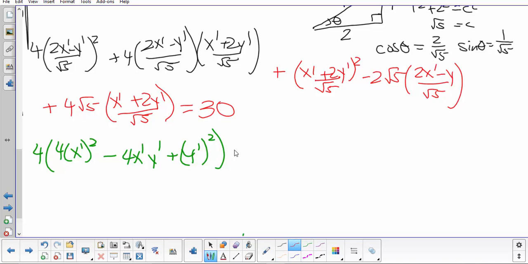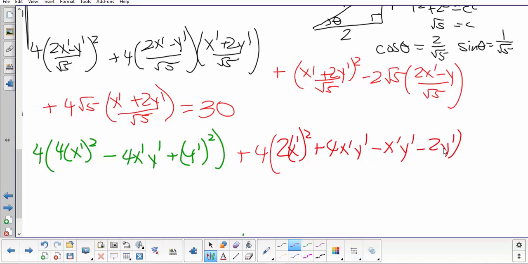Our next term will be plus 4 times 2x prime times x prime plus 2y prime, which would be 2x prime squared plus 4x prime y prime. Then we have minus x prime y prime, and then we have minus 2y prime squared.